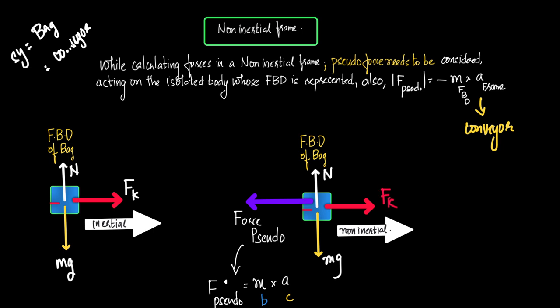But as we discussed, in a non-inertial frame we also need to add the pseudo force, and this pseudo force will be represented as F pseudo, whose magnitude is given by m into a_c, which means mass of the body which is selected for the free body diagram, which in this case is the bag, so this is mass of the bag into acceleration of the frame, which is acceleration of the conveyor. And since I have represented this as a vector, I have taken only the magnitude, otherwise this would be negative. Okay.